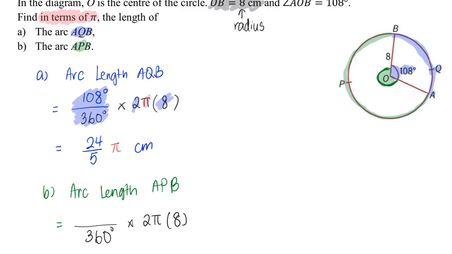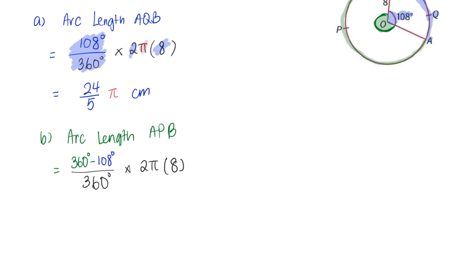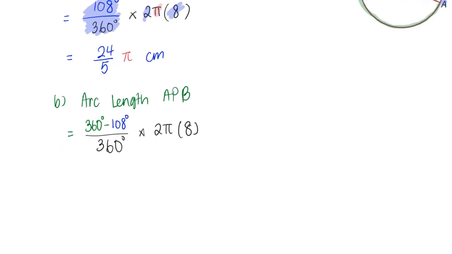Yes, this green color angle would then be 360 minus away the 108 degrees. And therefore, this will be equal to 252 over 360 multiplied by 2 pi times 8.